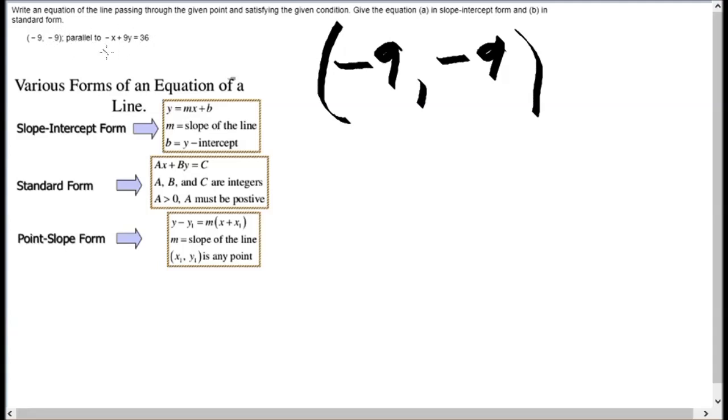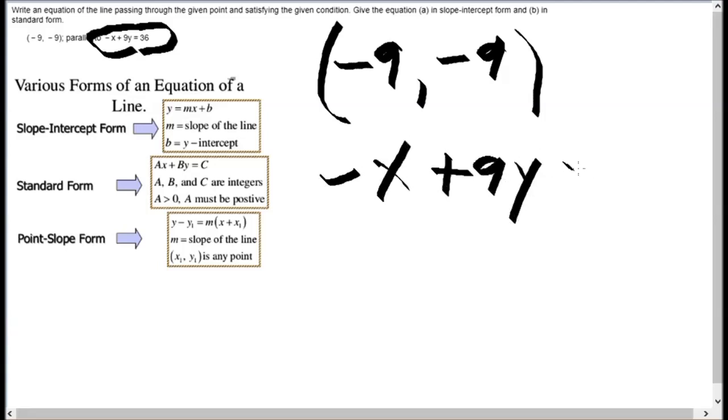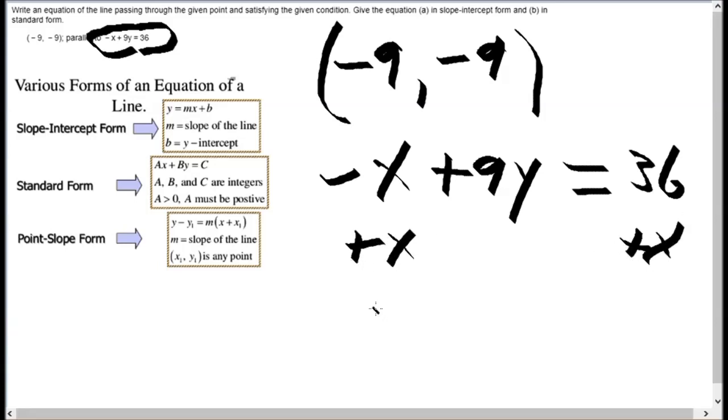So what we really need to do is take this first equation and figure out its slope. Let me write that equation. We have -x + 9y = 36. Okay, so then we can add x to both sides of this equation, so we end up with 9y = x + 36.